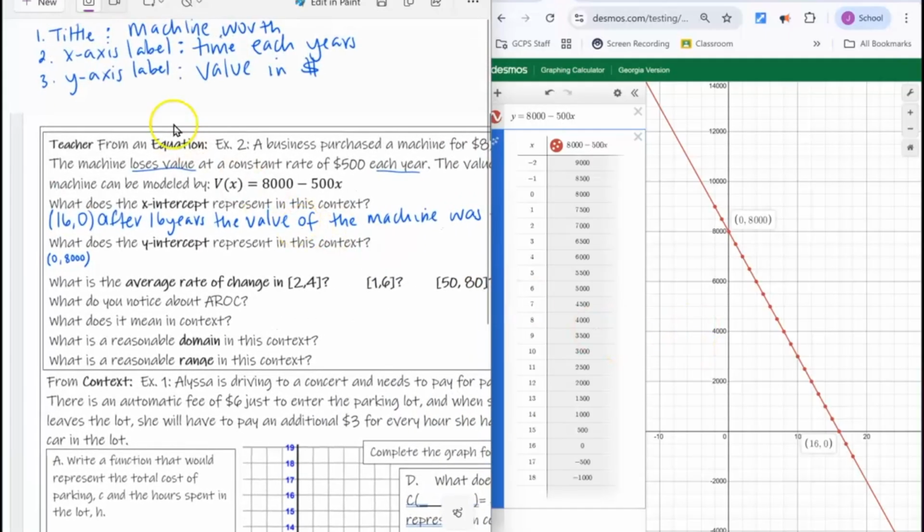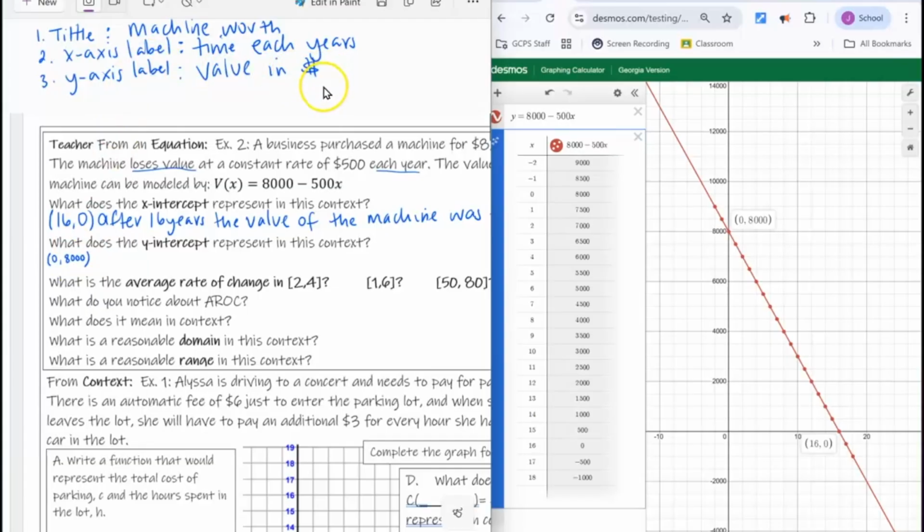So again, as long as I use the X number, the Y number, and the title in my representation, then I'm good. So order does not matter. So I can start off with, in fact, let me try and go in order of this. So the title is a machine. So the machine was worth, X, which is 0, the machine was worth after 0 years, and then the Y is 8,000, $8,000.